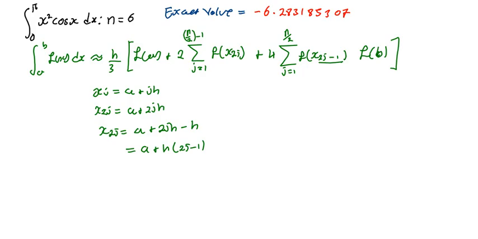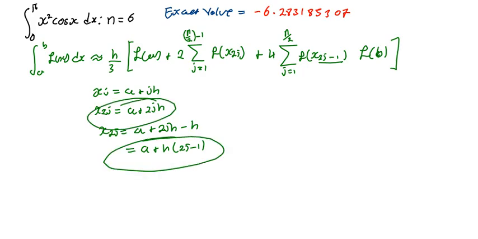So I'm going to compute in advance what this one is, as well as what this one is, so that we just go ahead and substitute on this part and see how we can simplify it. For x sub 2j, what is our a? Our a is 0, plus 2j multiplied by h.